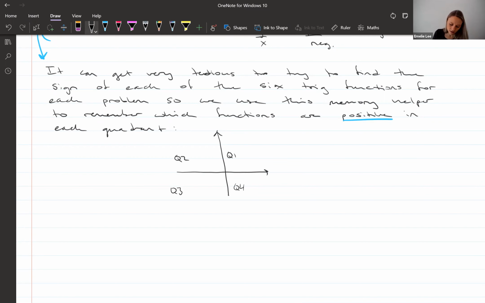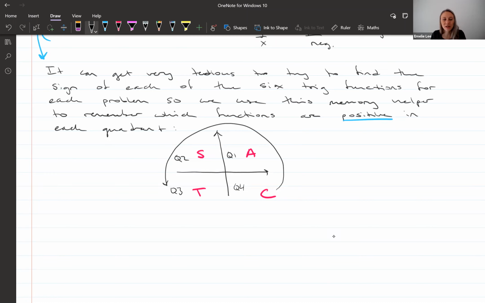Okay. So here what we have is A, S, T, C. And usually, I mean, there's all kinds of things that you could use, right? Depending on if you took some sort of calculus before or pre-calc before, you might remember CAST if you read it like this.